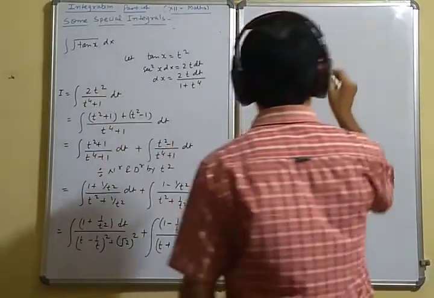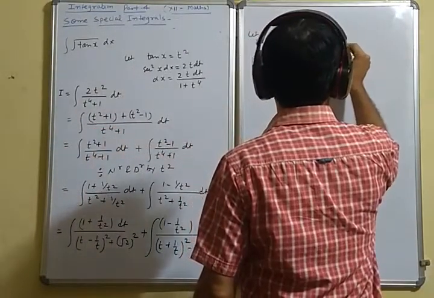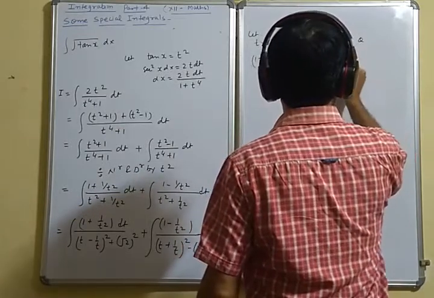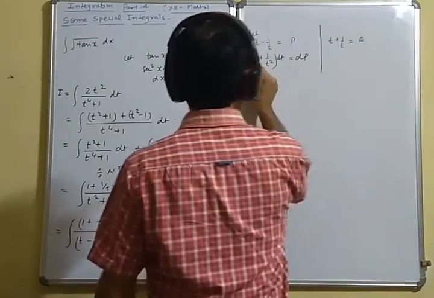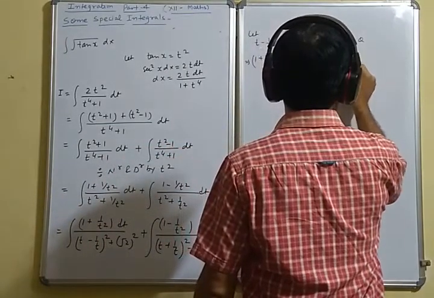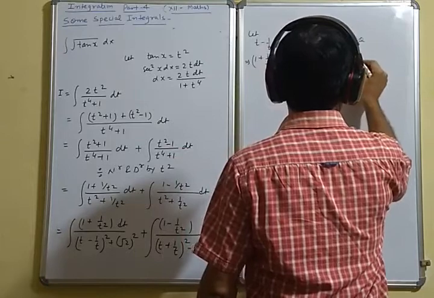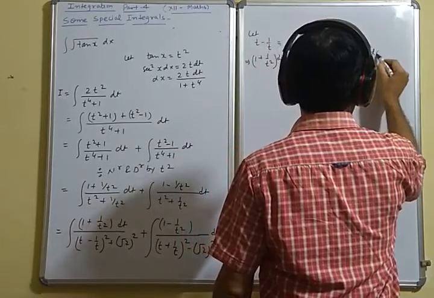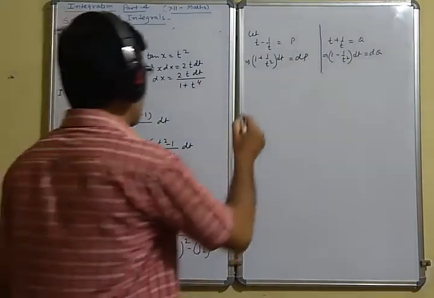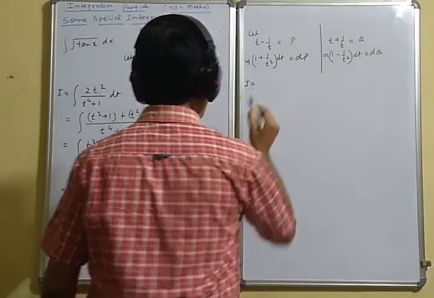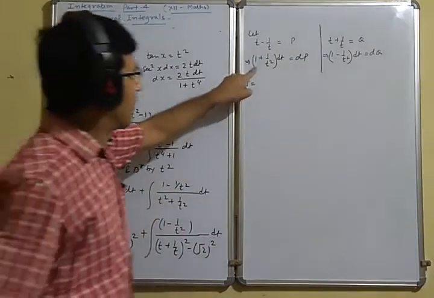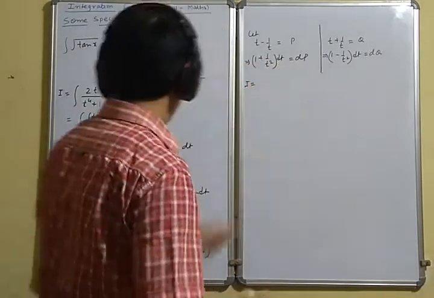Now for the second one, take t plus 1 upon t as q. So differentiation implies that 1 minus 1 upon t square dt becomes dq. Now this integral I becomes: 1 plus 1 upon t square dt becomes dp.